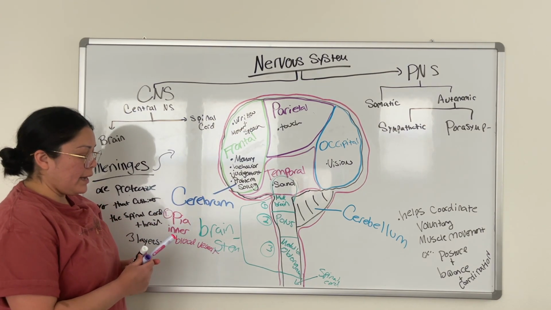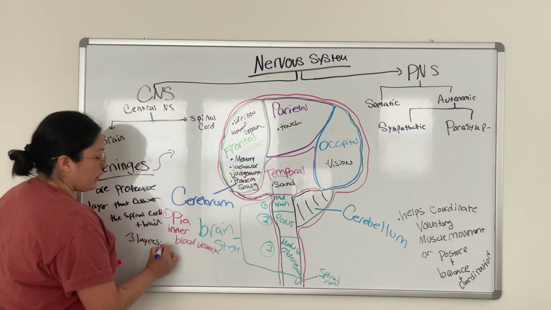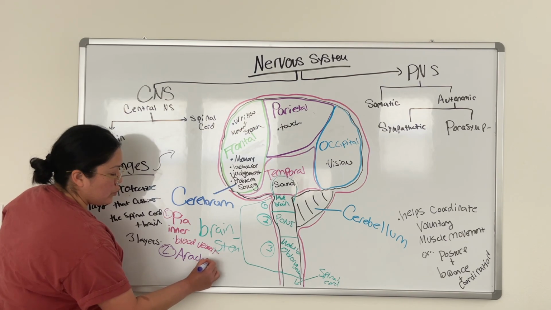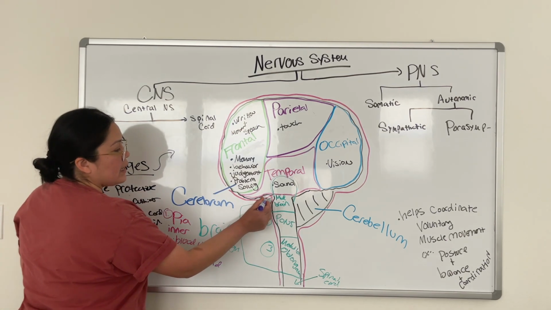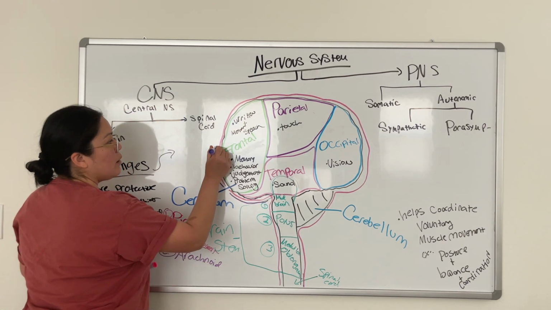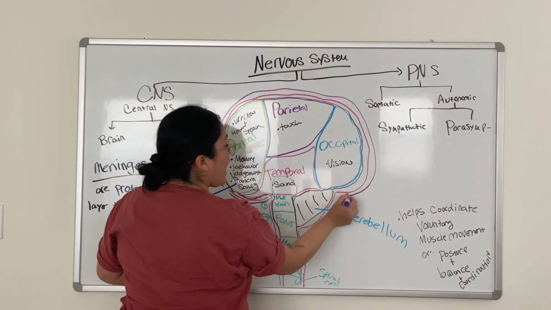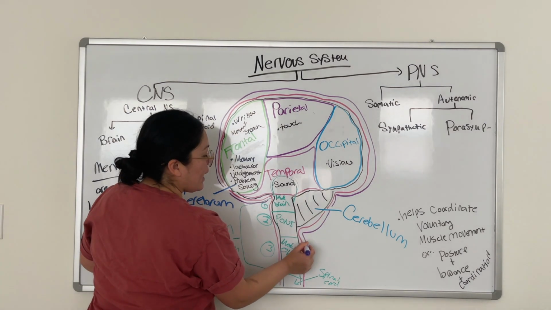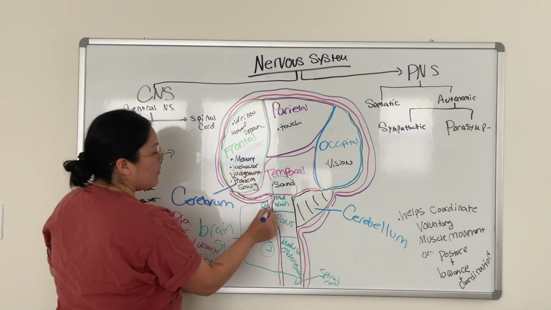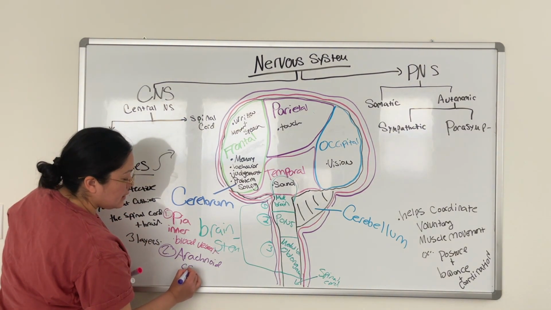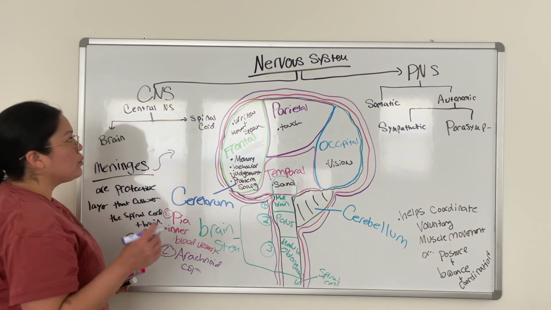The second layer is your arachnoid layer. Arachnoid, okay? So that's going to go right on top of your pia mater. Arachnoid has something special. It has CSF in it. CSF is your cerebrospinal fluid.